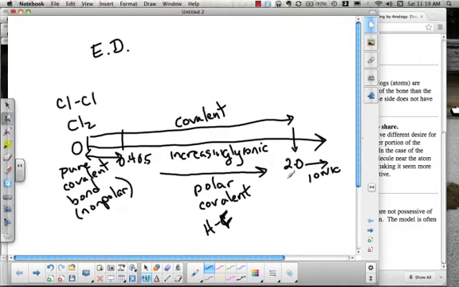If I am greater than 2, like sodium chloride, metal and nonmetal, I am going to be ionic. Now, there are no metal-nonmetal combinations that are purely ionic by electronegativity difference. They have some covalent character. And anything that's covalent is going to be nonmetal, nonmetal.